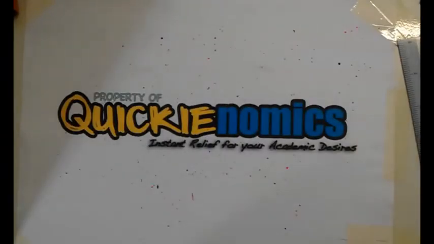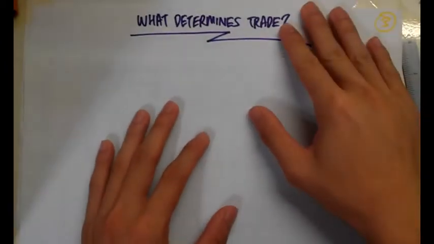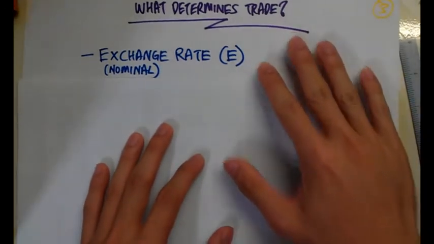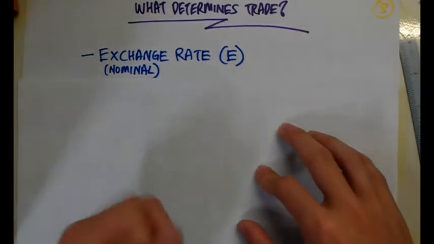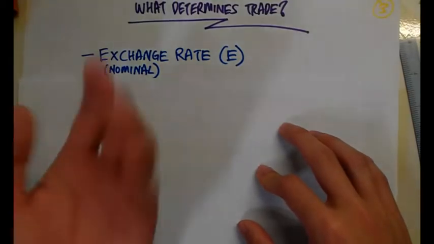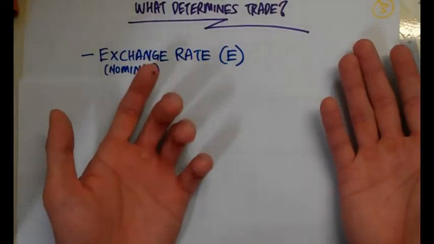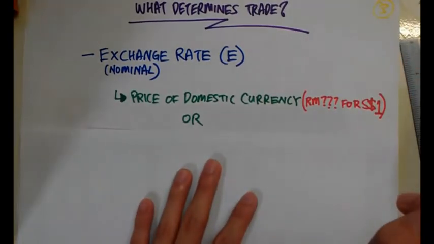So what determines trade? What determines whether we buy stuff from Malaysia, or whether they want to buy our stuff? What determines trade is, number one, the exchange rate, the nominal exchange rate. Basically, the nominal exchange rate is how much SGD is going to be traded for how much Malaysian ringgit. There are two ways that we can quote the exchange rate.